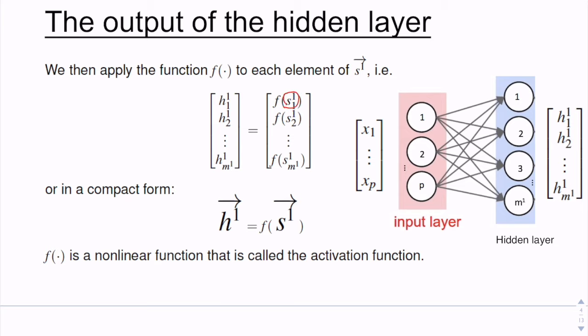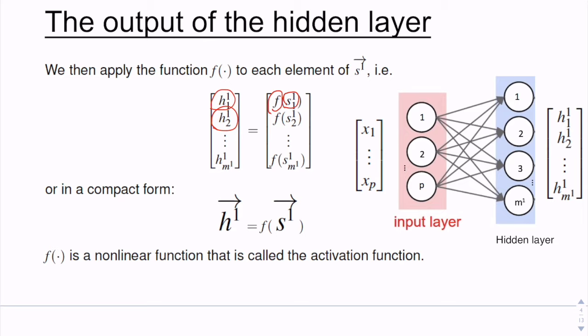We apply this function element-wise to each element of this vector, and then we get the output of the hidden layer. Note that when we talk about the output of a layer of a neural network, there is an output before applying the activation and an output after applying the activation function.